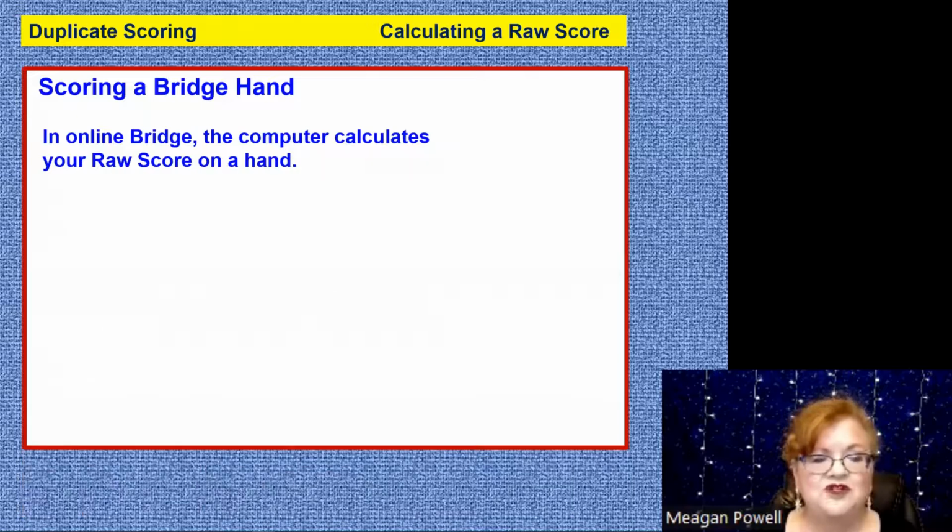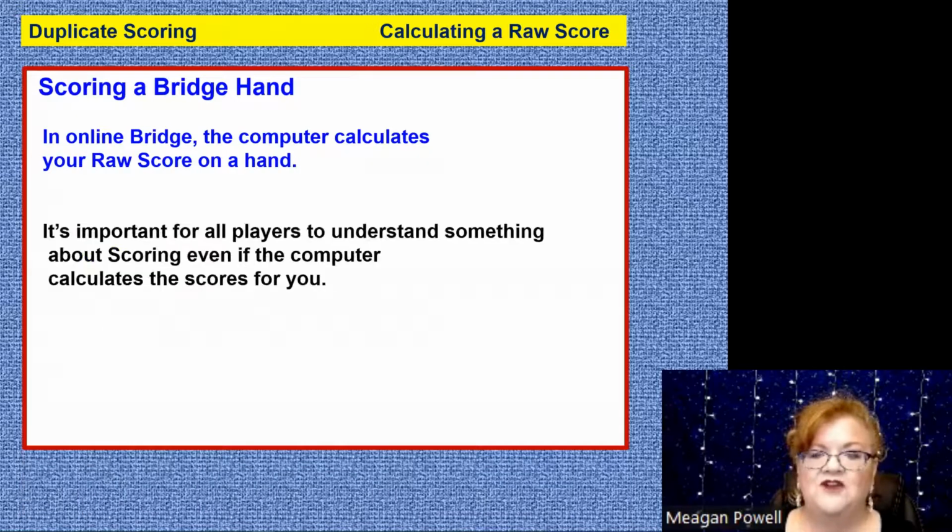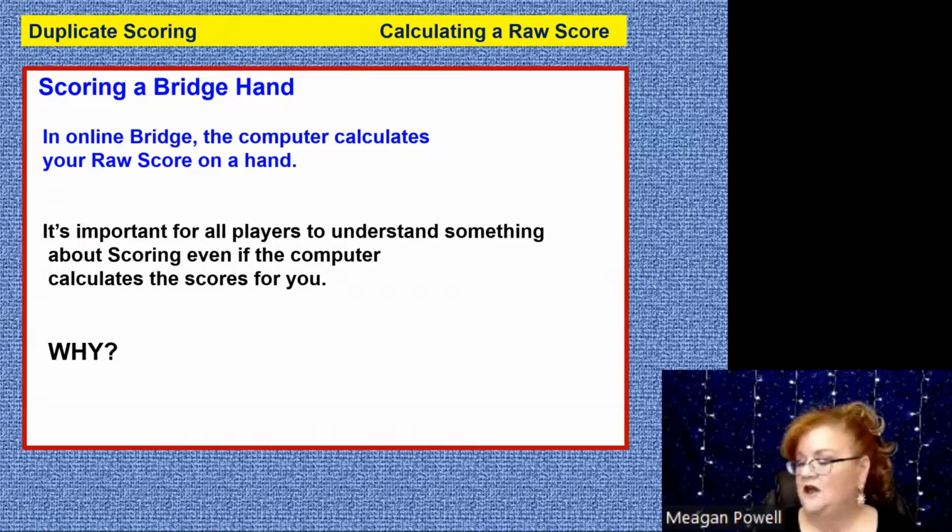What learning to score will do for you is it will help you start figuring out the process of how to bid. If you can project ahead to what a likely score might be for you, it will help you make decisions in the bidding process. Now, some of you have taken classes, let's say specifically in something called Preemptive Openings and Overcalls.